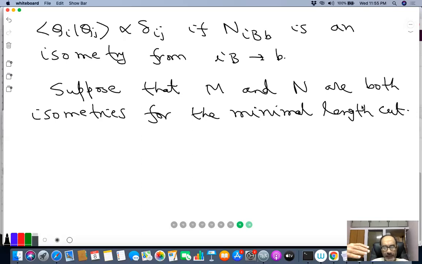So M and N can both be isometries only for the minimal length cut, but the statement is not reversible. For every minimal length cut, it need not be that M and N are isometries. That is something you have to test. But let's suppose that M and N are isometries and see what the consequences are.